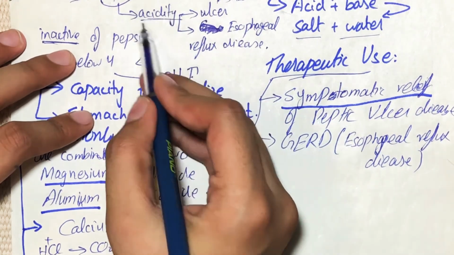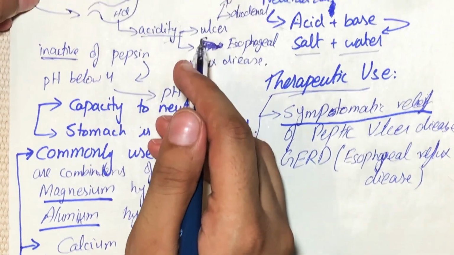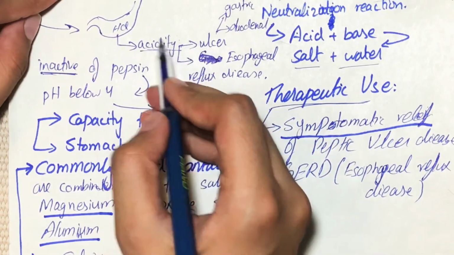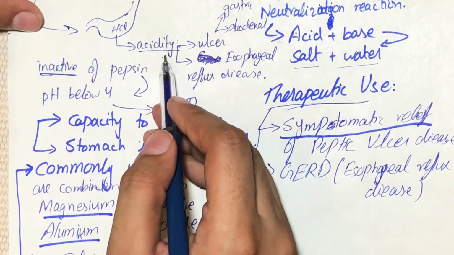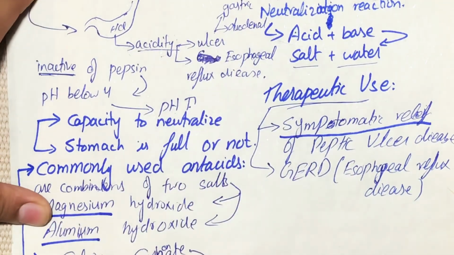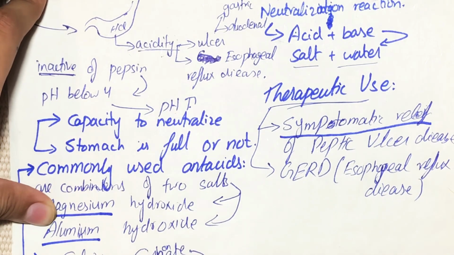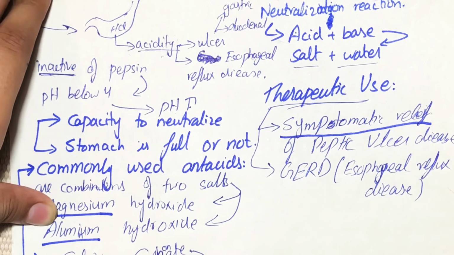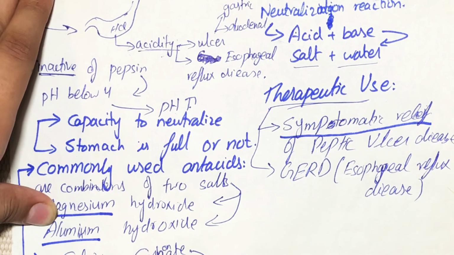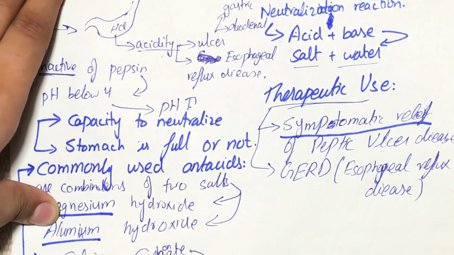There is some disturbance going on in your body which is causing the acidity. In normal condition, this is not the case. In normal condition, you have a certain amount of acid being released which is required for digestion. But when there is excess, there is ultimately a disorder going on because of that increased acidity.